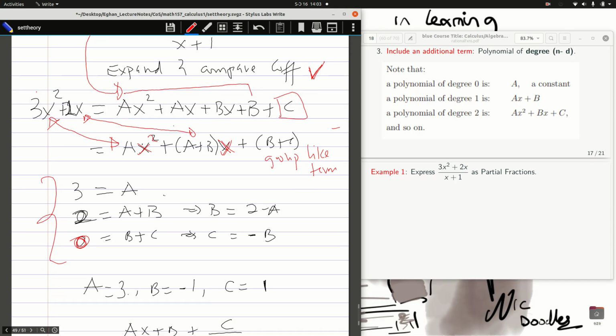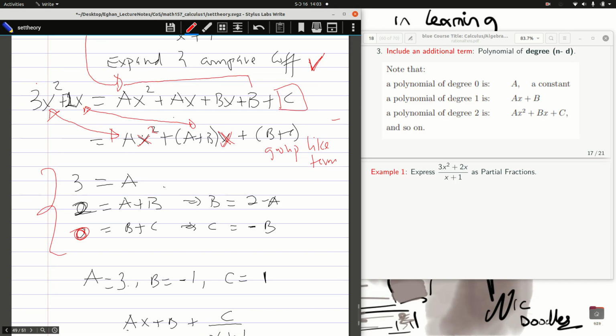So automatically I have a to be 3 from equation 1. From equation 2, b becomes 2 minus a, which becomes negative 1 because a is 3. From equation 3, change of subject, c becomes negative b, which is just 1.